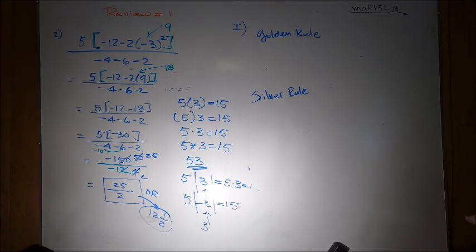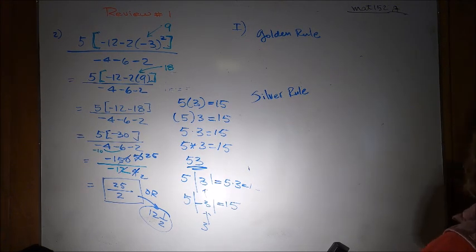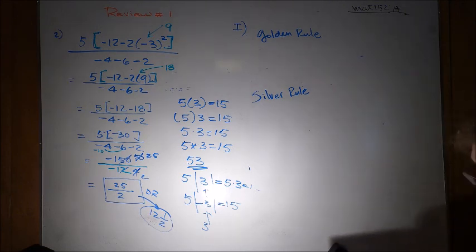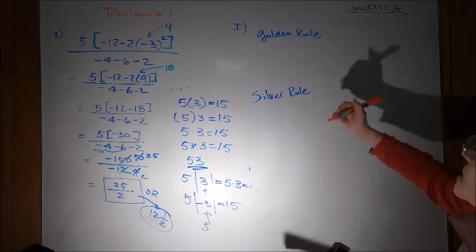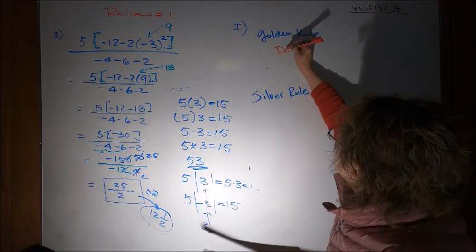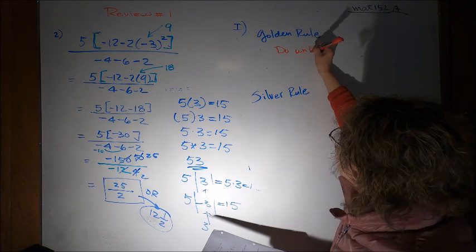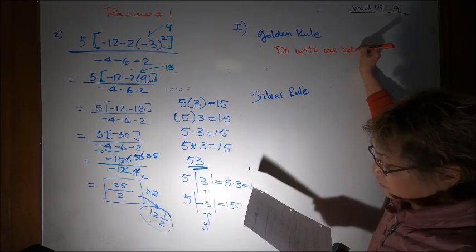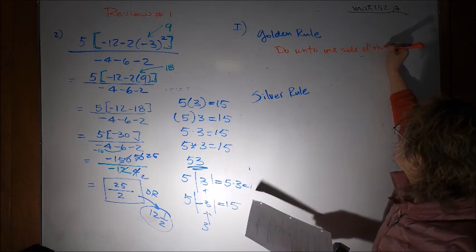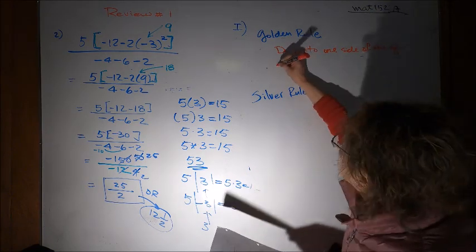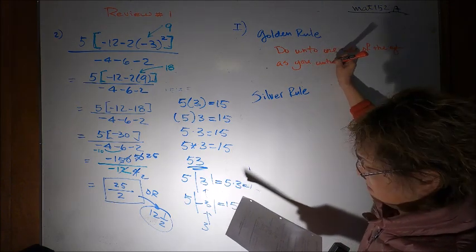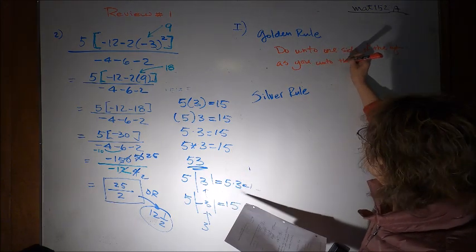Then for equations, we say, how do we solve it? You do one side, you do the other side, right? We just try to remind you, whatever you do to one side of the equation, you do to the other side.